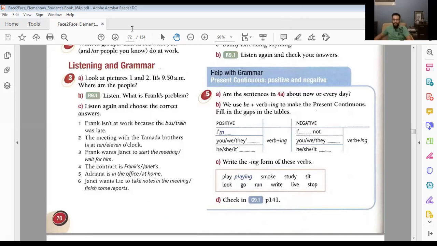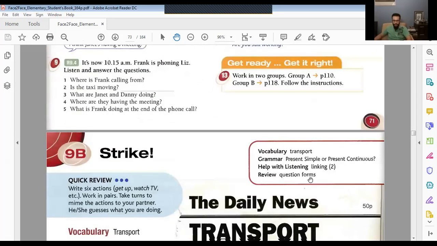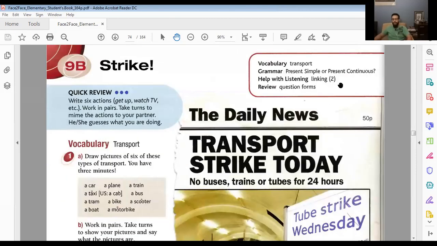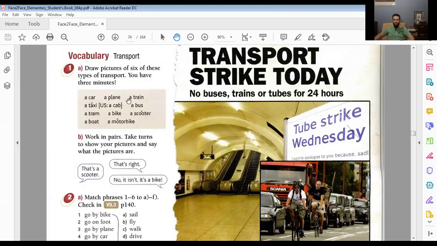Okay, in today's lesson, we will continue talking about the present continuous, but we're going to talk more about transport. If you remember, last time in vocabulary number 1, we talked about different types of transport: a car, a plane, a train, a taxi.